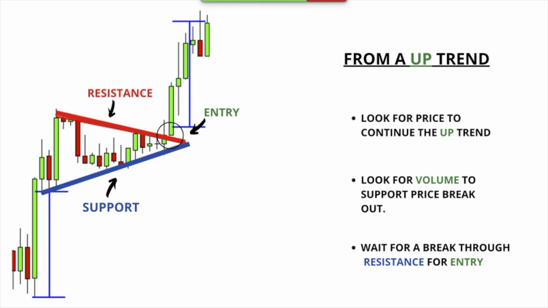You could apply that symmetrical triangle to any type of price movement within the market or within the asset. And of course, you are going to look for volume to support those breakouts, and you're going to wait until it either breaks resistance or support, depending on the trend.